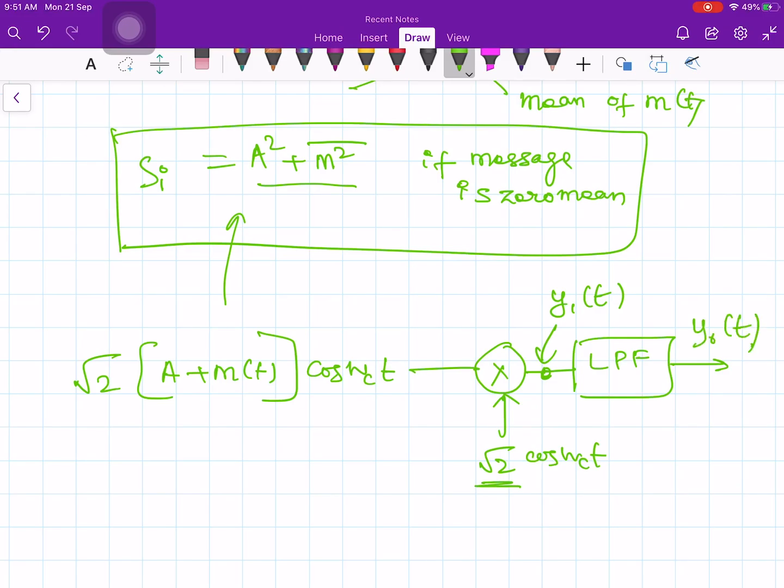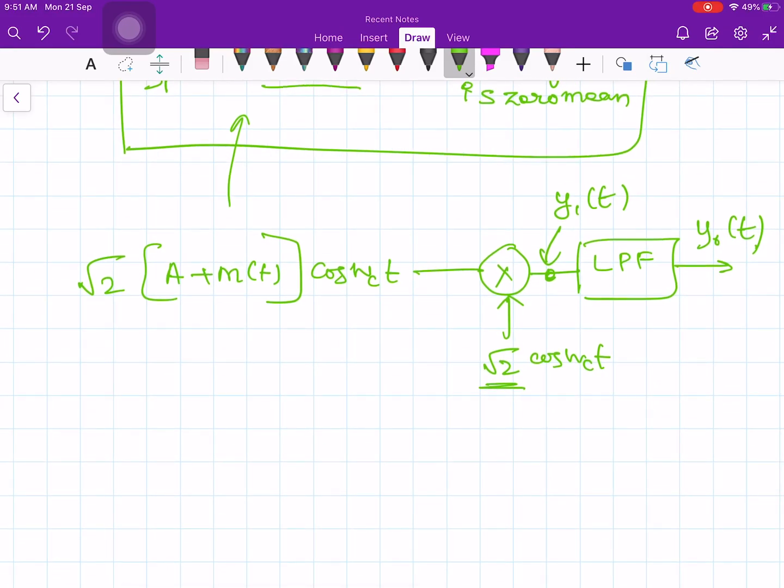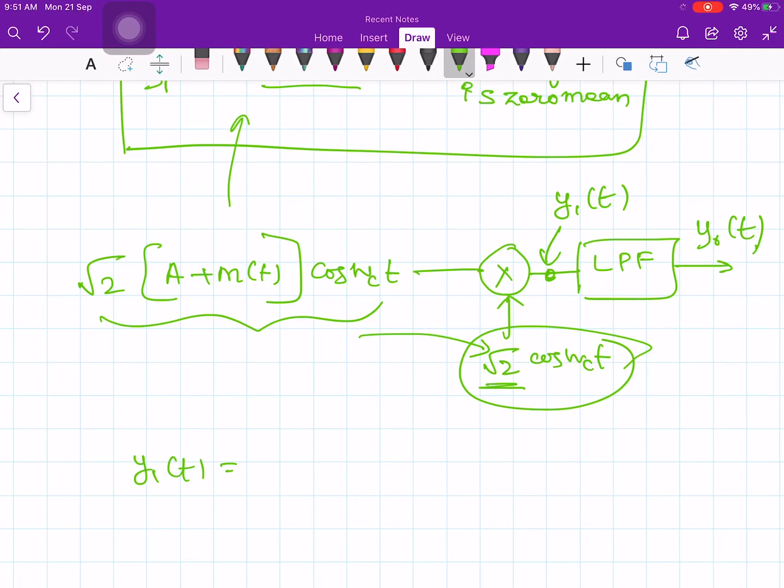Now let me call this point y1 of t and this is y0 of t. What is y1 of t? y1 of t is equal to this guy multiplied by this guy. So root 2 becomes 2. Let me write down the result directly: root 2 times [A plus m of t] cos omega ct times root 2 times cos of omega ct.